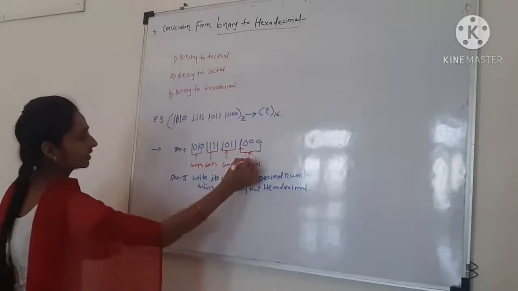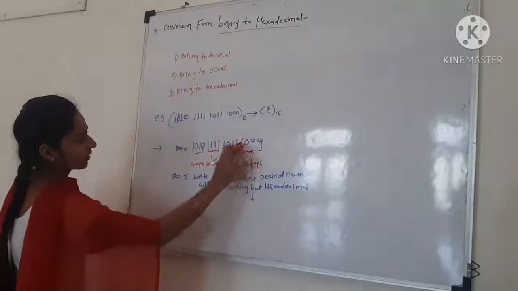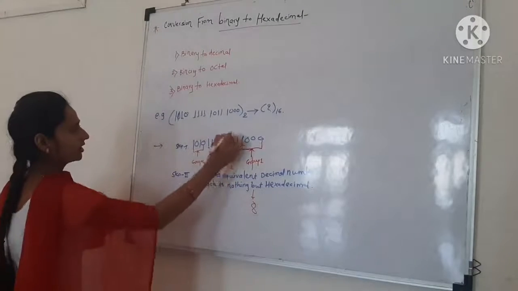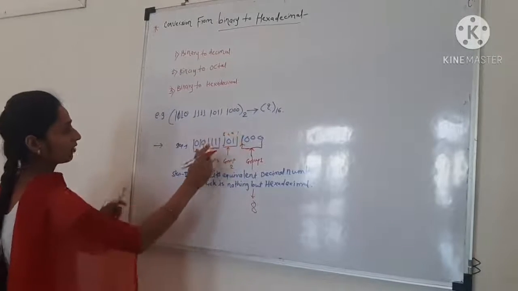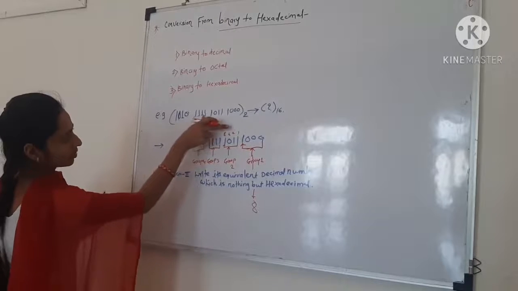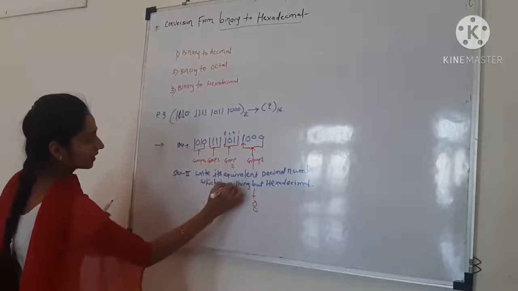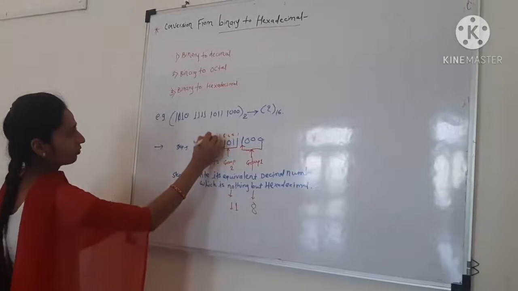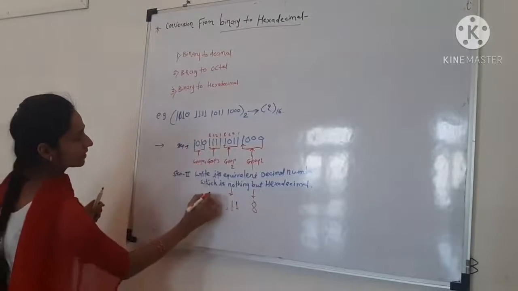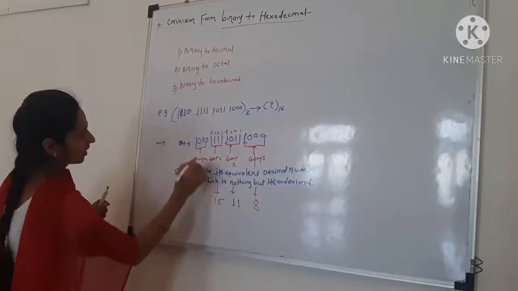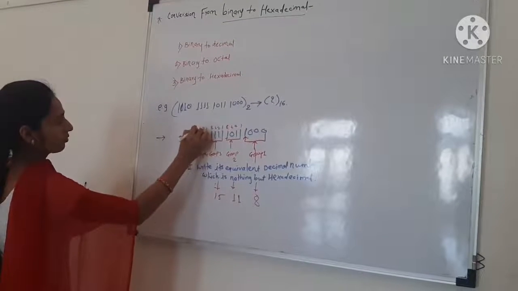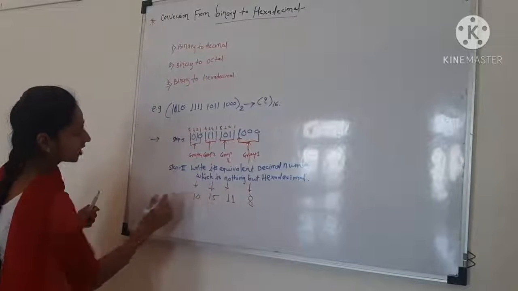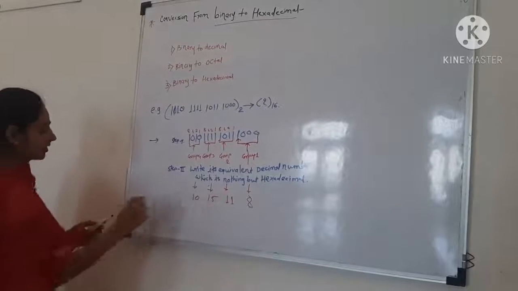So what is the equivalent decimal number of this group? The place values are 1 2 4 8, so here it is 8 plus 2, which is 10, plus 1, that is 11. Here again 1 2 4 8, and the addition of this is 15. After that, again 1 2 4 8, so 8 plus 2 is 10. So after grouping we get these values.